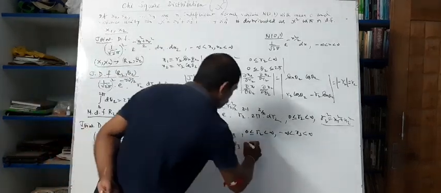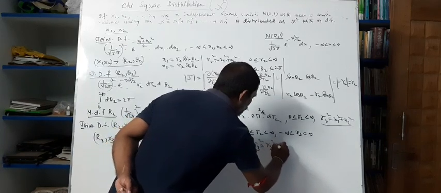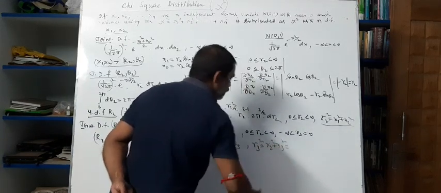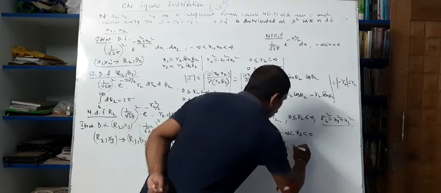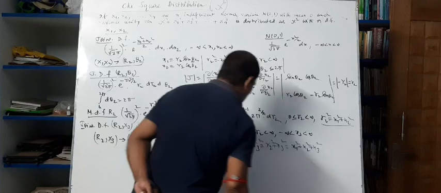From these two, R3 square equal to R2 square plus x3 square, that is equal to x1 square plus x2 square plus x3 square.